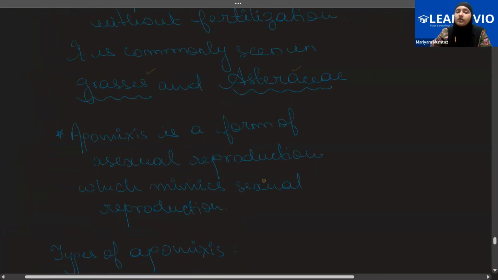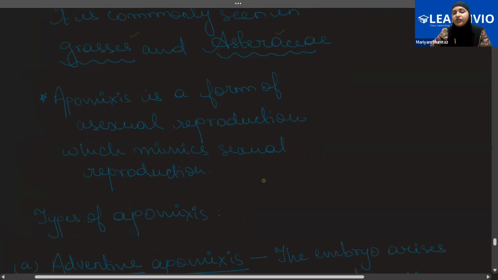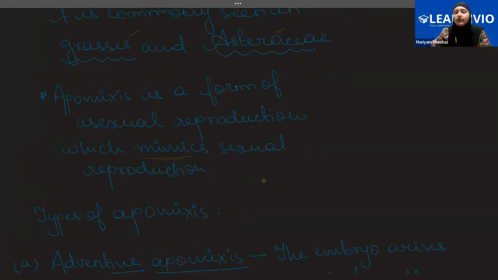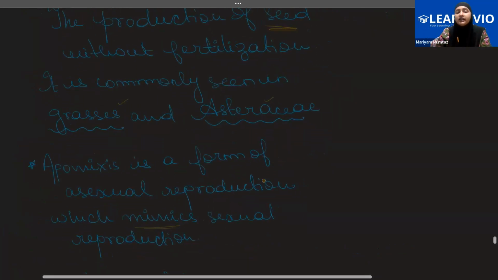It is a form of asexual reproduction which mimics sexual reproduction. It shows that somehow sexual reproduction is happening, but it is not actually sexual reproduction because sexual reproduction involves the fusion of gametes, which is not happening here. And it naturally occurs in some grasses and members of the family Asteraceae.